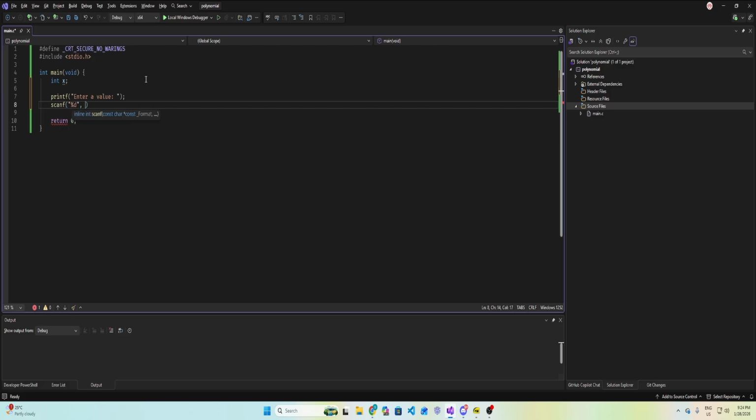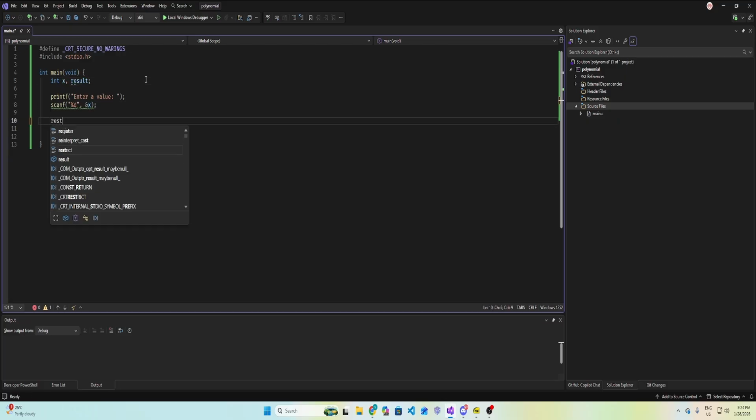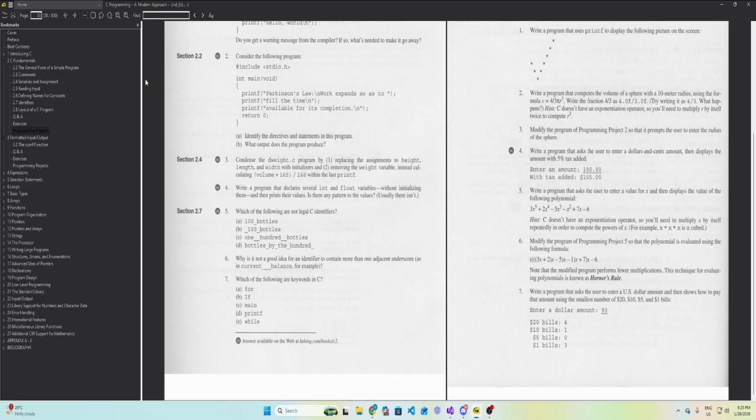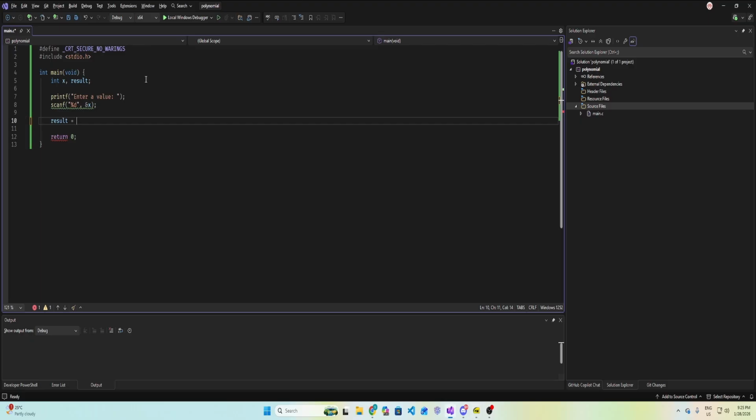We read this into x. Now we add another one for the result. We say result is equal to three times x 5 times.